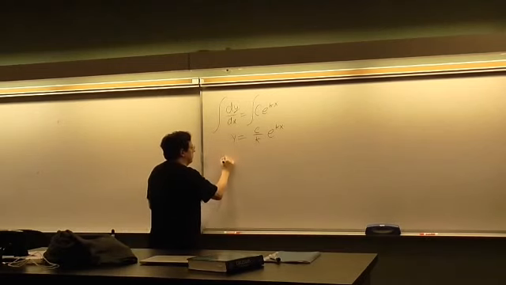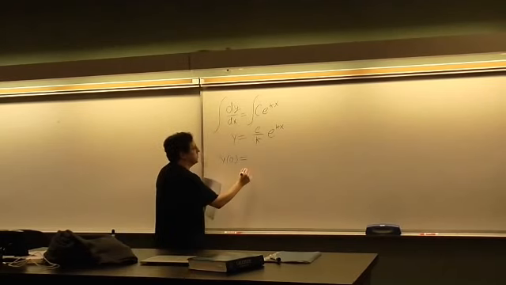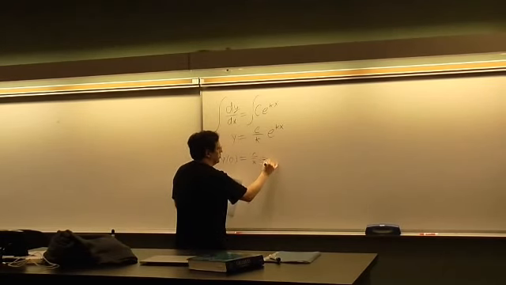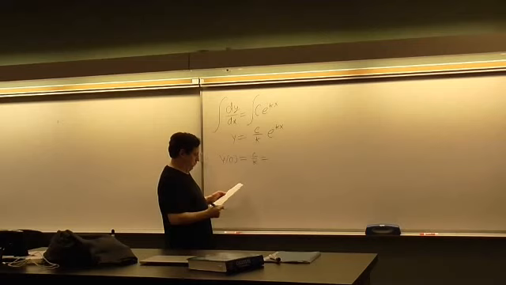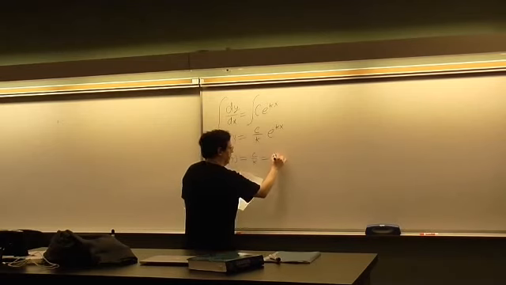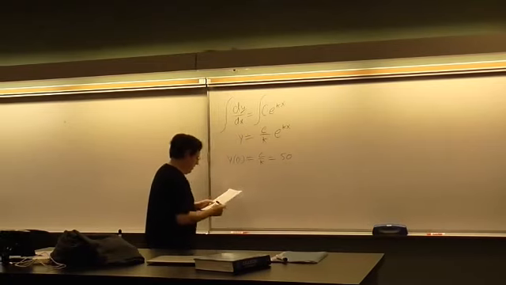So at 0, what do we get? C over k is equal to what? 50. Okay.